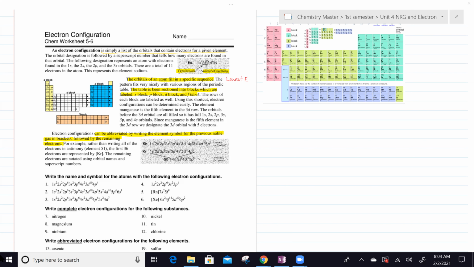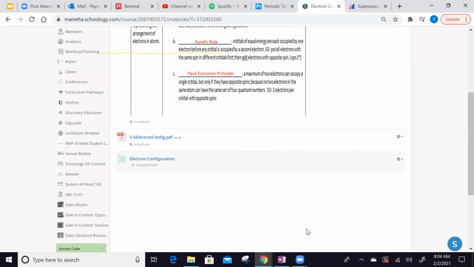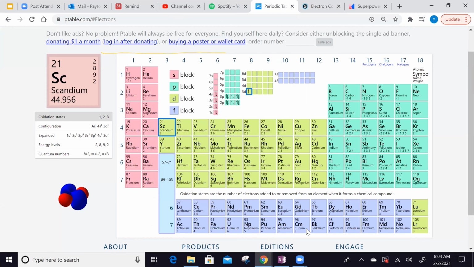So this is the part where I'm gonna show you the periodic table and we're gonna figure out how to divide it up, okay? So let me go to this screen. All right, so electron configuration, or orbitals, all right?